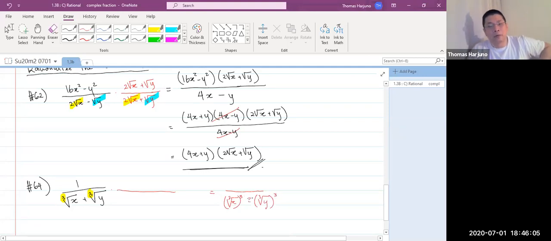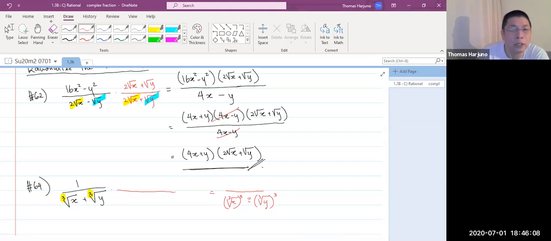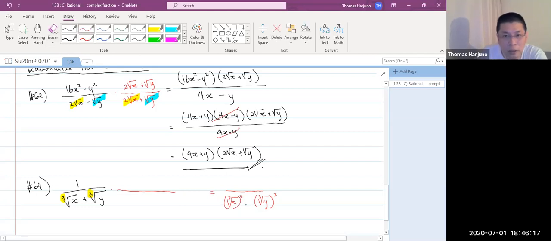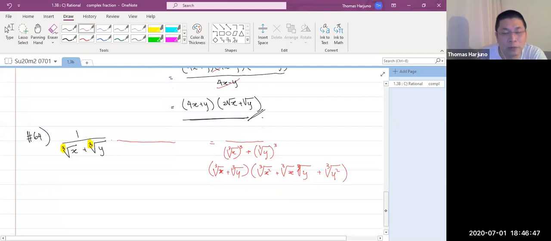For that to happen, you will see that I need to have a plus here. And the factoring for this is cube root of x plus cube root of y times cube root of x squared plus cube root of x, cube root of y plus cube root of y squared. Remember the sum of cubes factoring?